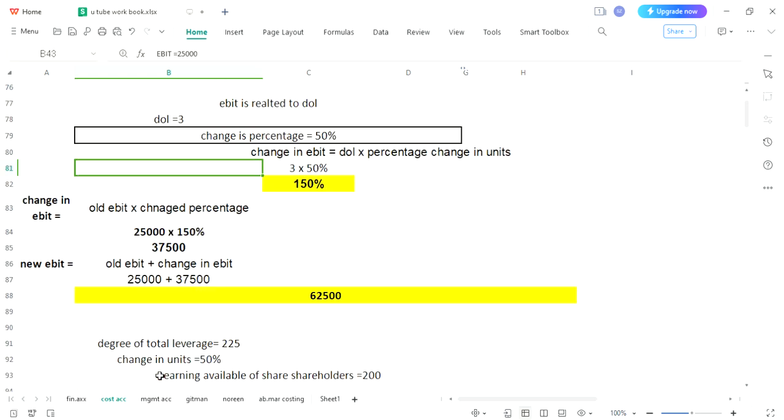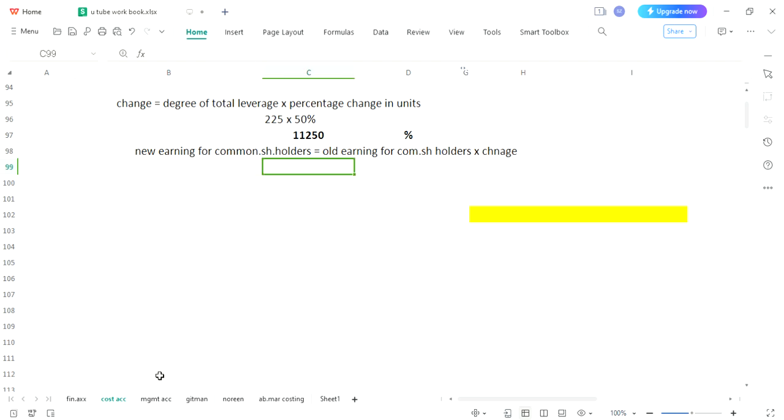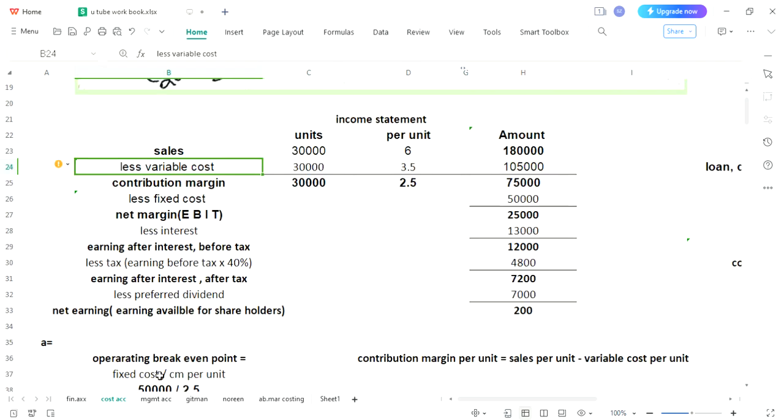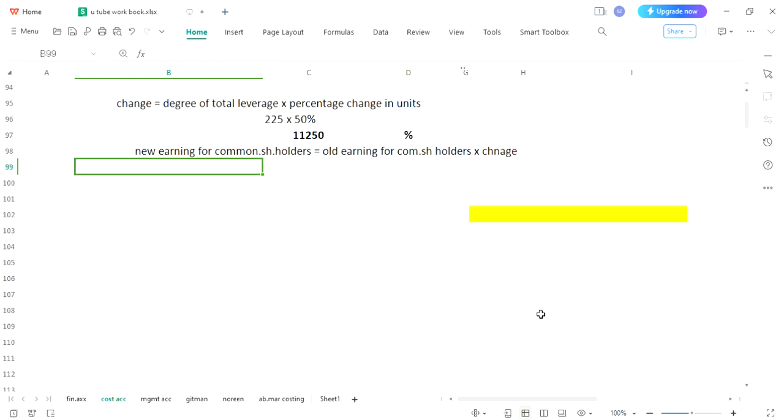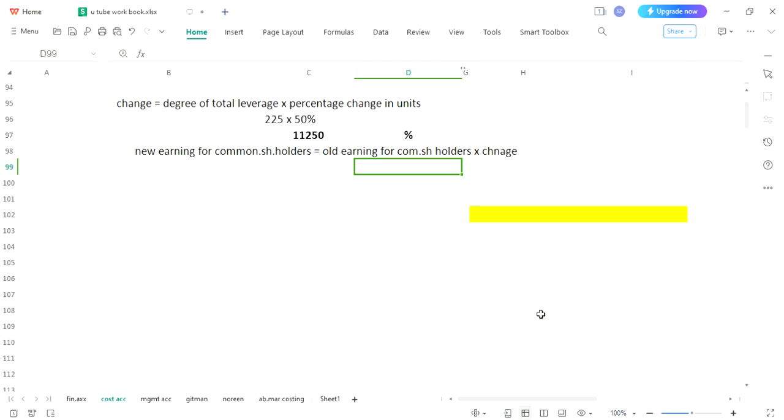And now we are up to calculate our new earning for common shareholders. Look over here, we have already calculated it. Net earning available for common shareholders was 200. Now by increasing 15,000 units, what change would come to this earning? For that, old earning available for common shareholders was 200, and simply you will multiply it with the percentage, that was 11,250%.